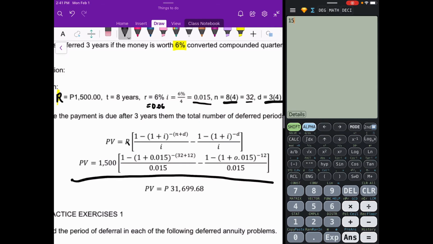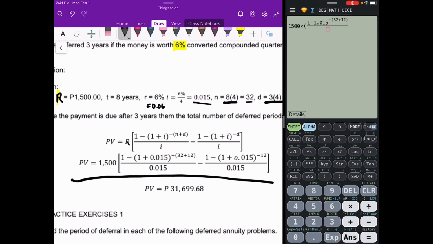We have here 1,500 times, we have a fraction, the quantity of 1 minus 1.015 raised to negative, then quantity of 32 plus 12. You can add that already, but I will not add it.